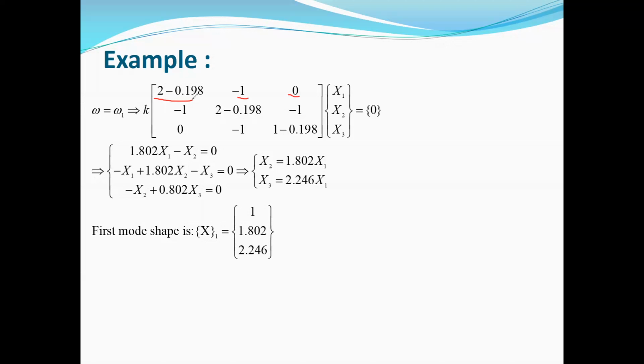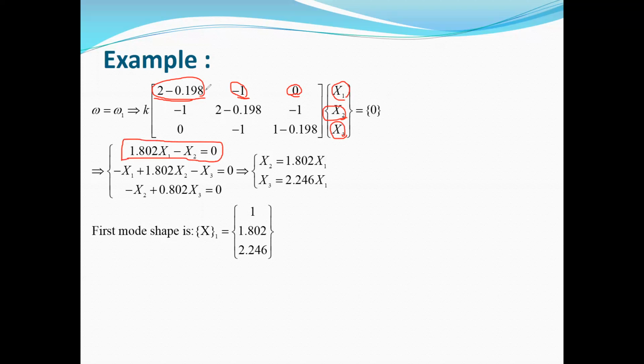This is the first equation. It means that this component multiplied by x1, plus this component multiplied by x2, plus this component multiplied by x3, is equal to 0.